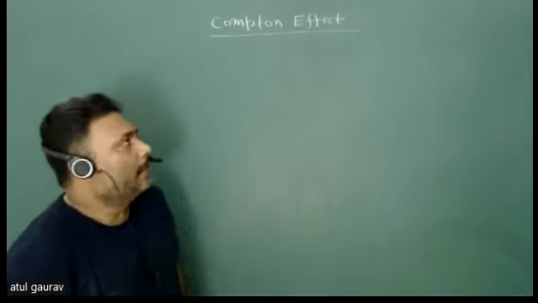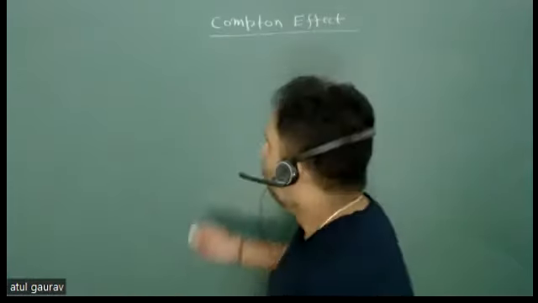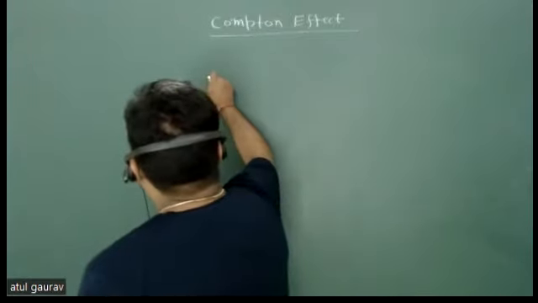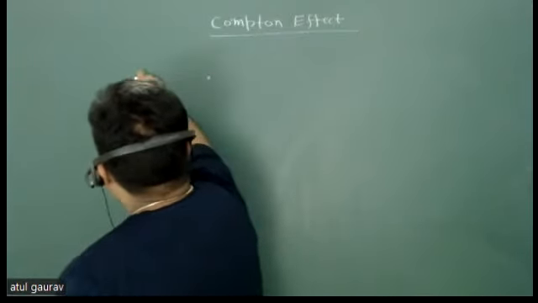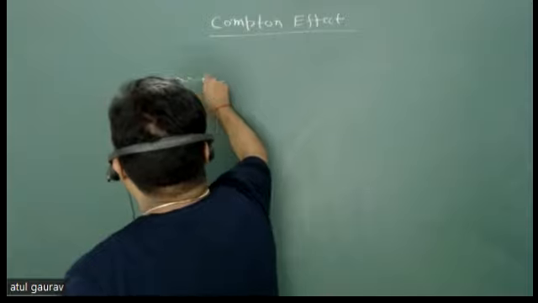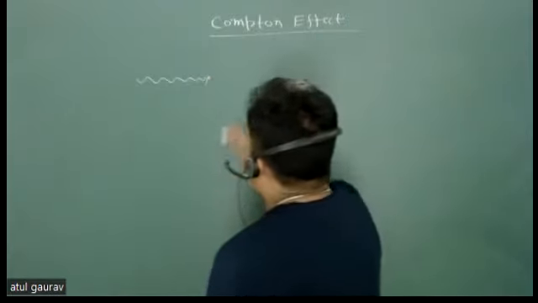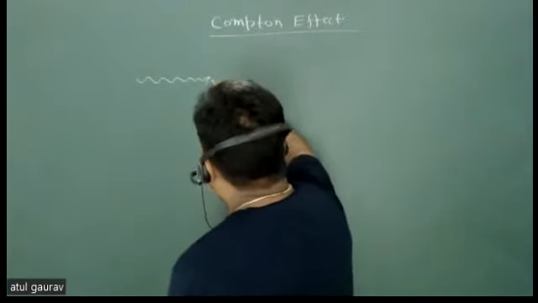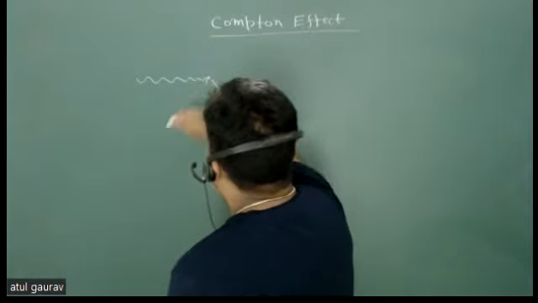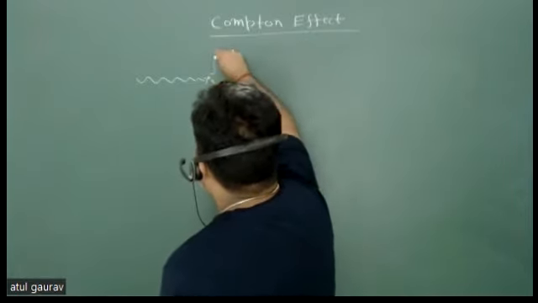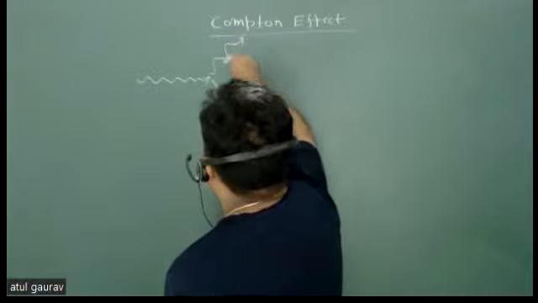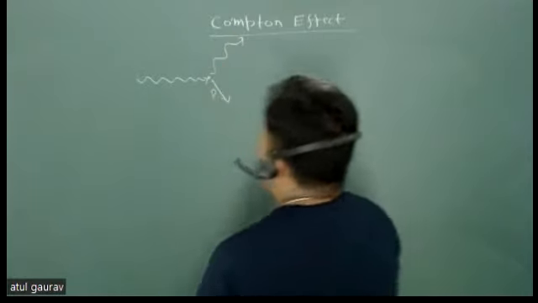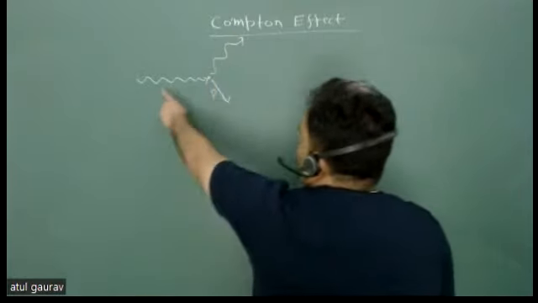Okay. So in the last class, we considered an electron with which some X-ray is going to interact. What will happen? The electron will recoil with some momentum P, and the X-ray will change its wavelength and have less energy than the incoming wavelength.